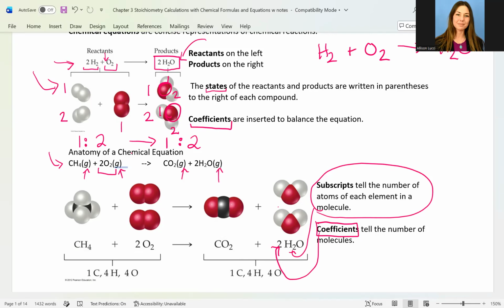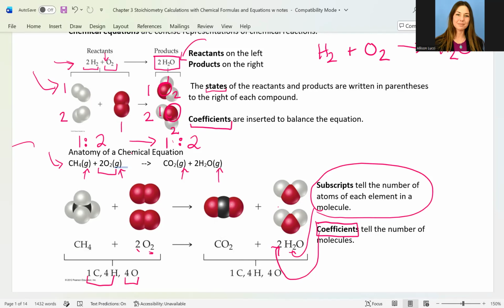So if we were to break down into the individual elemental pieces here, we could see over on our reactant side, we have methane, which is 1 carbon and 4 hydrogens. And then we have 2 moles of O2, so we have 4 oxygen atoms.